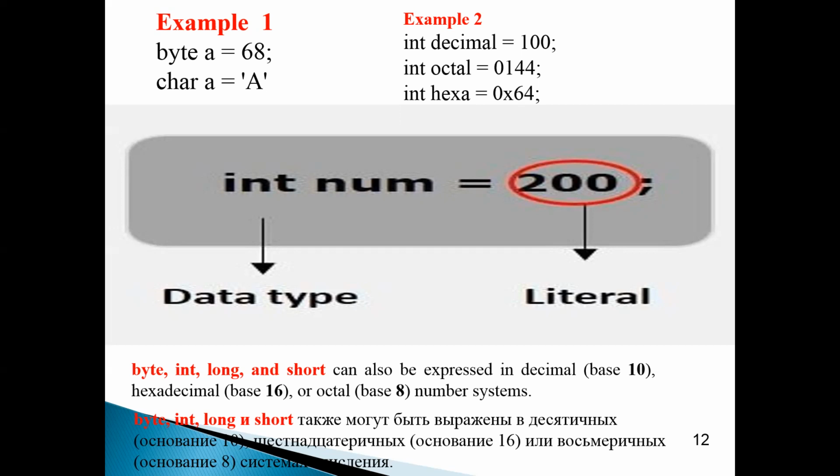For example, byte a equals 68. char a equals 'a' in single quotes. Example: int decimal equals 100, int octal equals 0144, and int hexa equals 0x64.